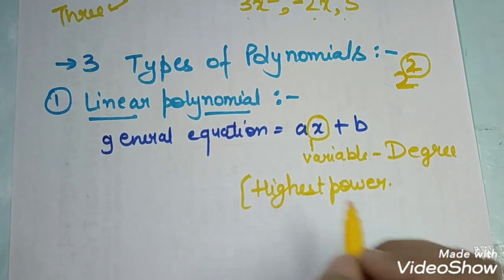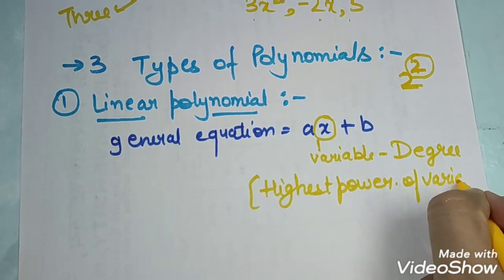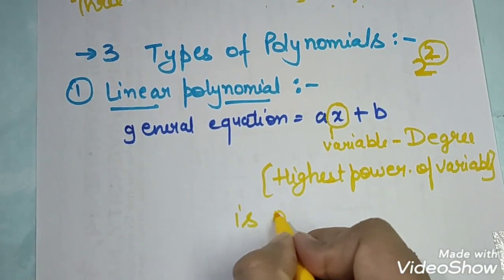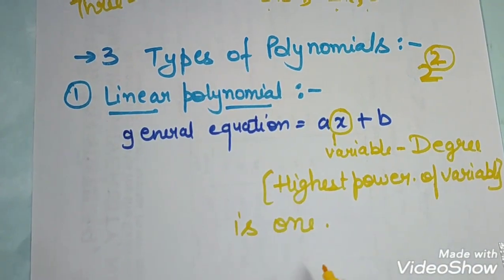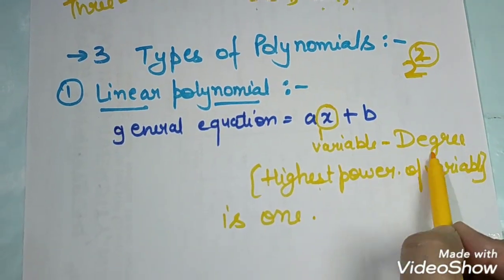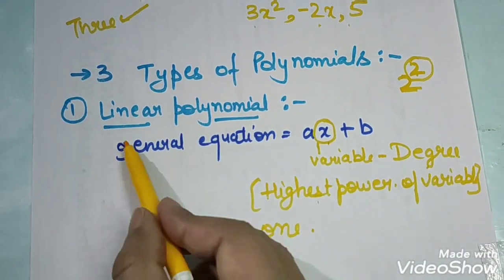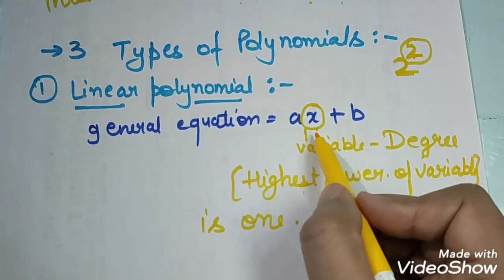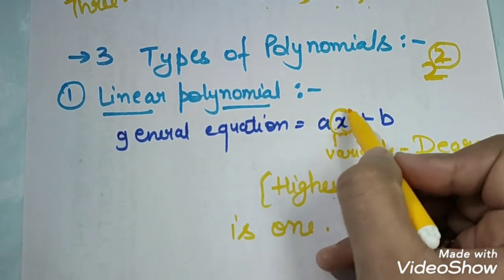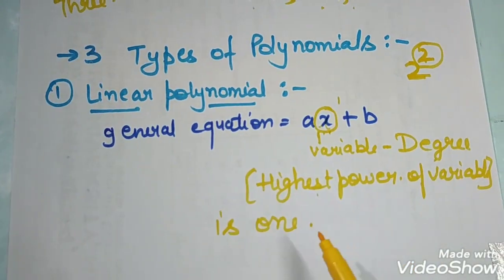Degree is the highest power of the variable. When the degree of the variable is 1, then it is called a linear polynomial. So now look here, what is the variable here? x, and the highest power of this x is 1. Therefore it is called a linear polynomial.